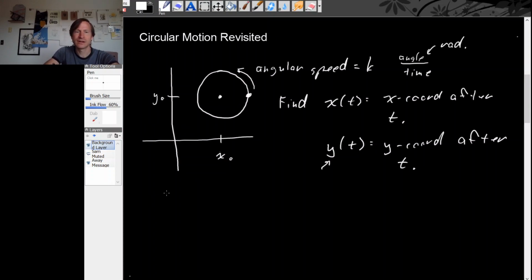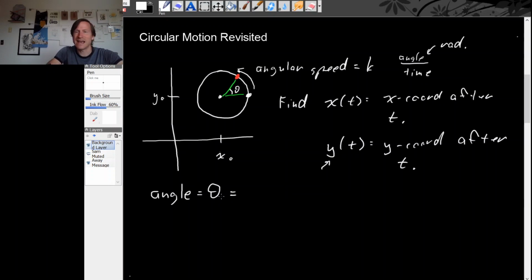After t time units, let's find the angle that, so you can see once the point has moved a little bit up here, now we have this angle that it's making with its starting point. Okay, so we could call that angle theta. And let's find what that angle is.